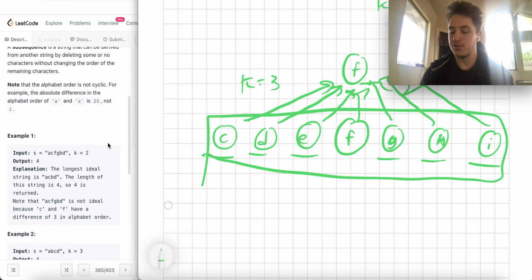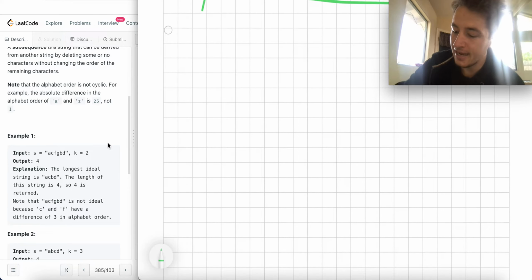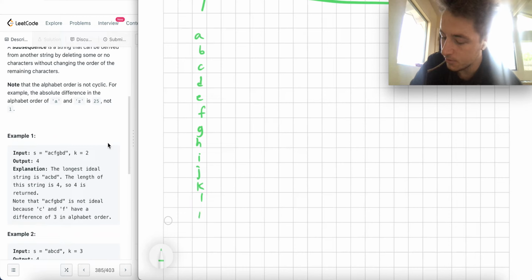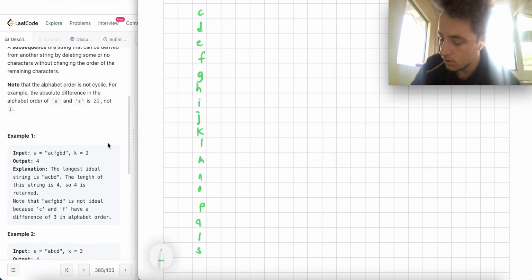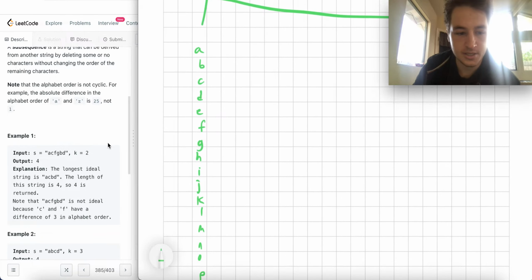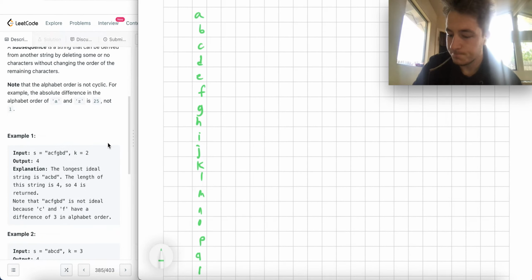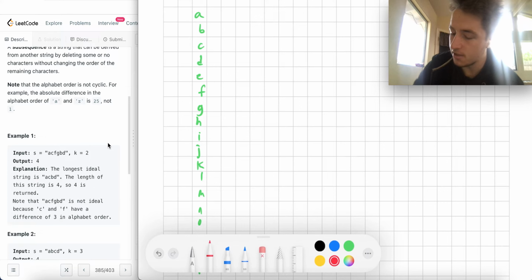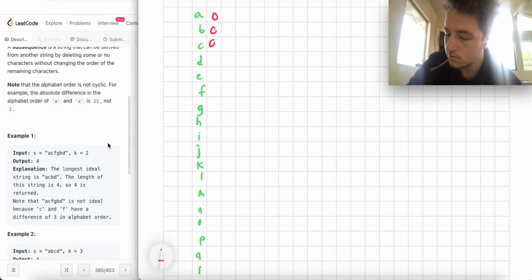So when I do this problem, I can have an array of size 26, because there are 26 letters in the alphabet, U, V, W, X, Y, Z. Initially all these things have value 0.